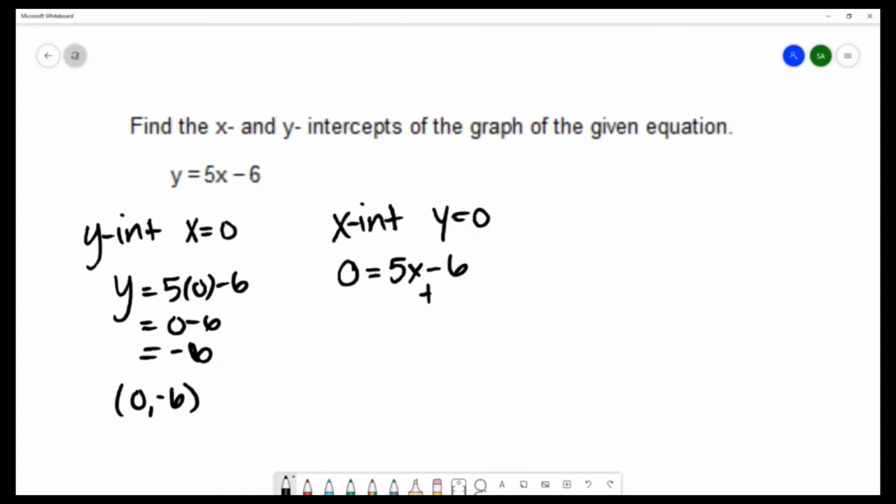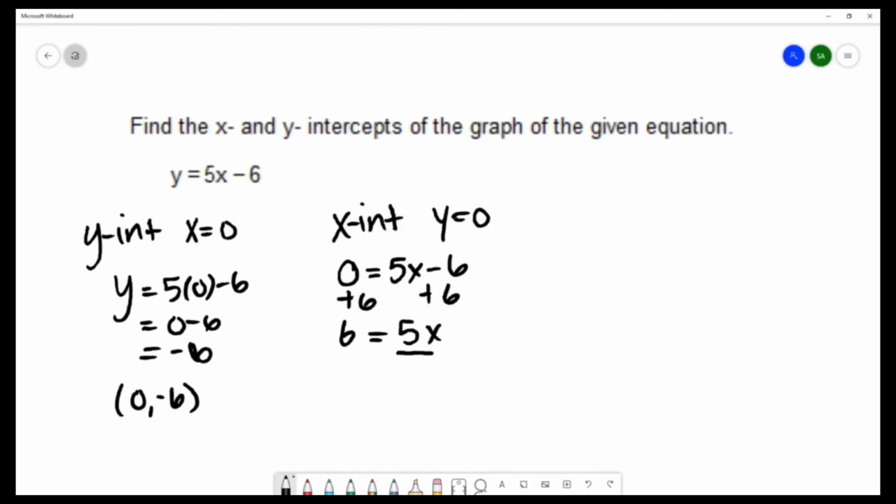I would add 6 to both sides, and that would give me 6 equals 5x, because 0 plus 6 is 6. Negative 6 and positive 6 cancel, leaving a 5x on the right-hand side.